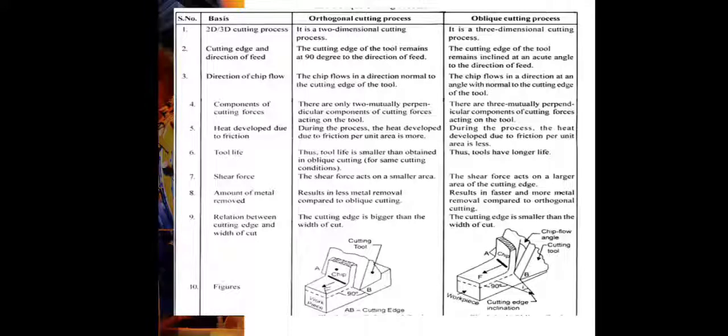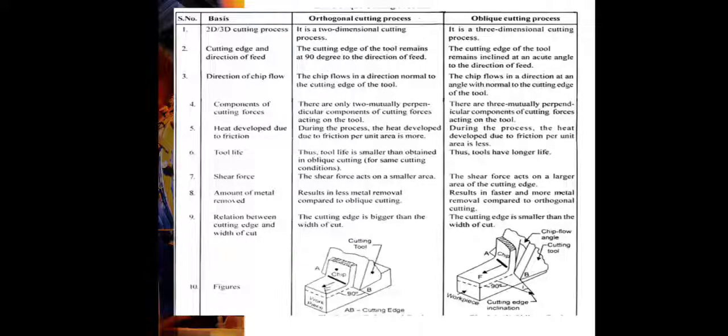Shear force: the shear force acts on a smaller area, while in the oblique, the shear force acts on a larger area of the cutting edge. And the relation between cutting edge and width of cut: in orthogonal, the cutting edge is bigger than the width of cut, while in the oblique, the cutting edge is smaller than the width of cut.